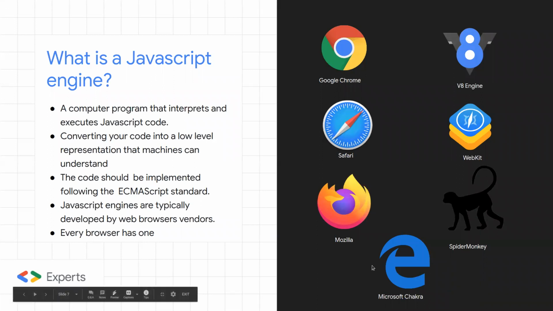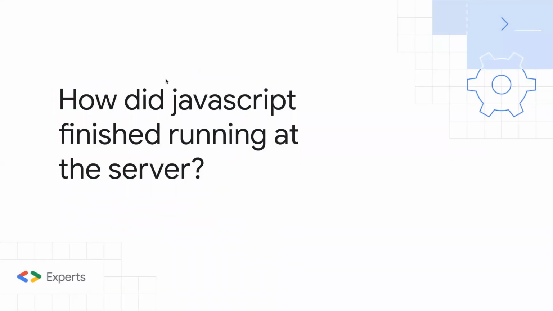And for Microsoft lovers, Internet Explorer and Edge use an engine called Chakra. So it's really interesting. That means that the browser has this kind of component running in the backend that takes your code, compiles it, and runs it. Well, actually not compile, just executes it, because JavaScript is not a compiled language, but this actually happens.